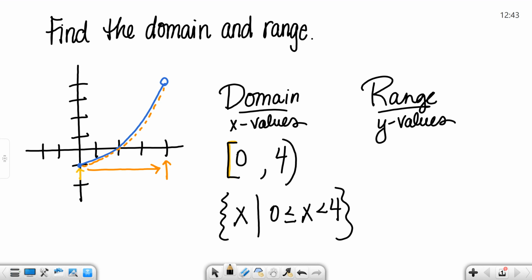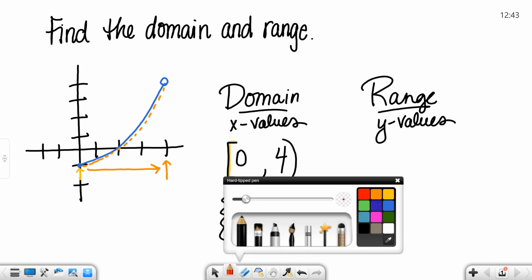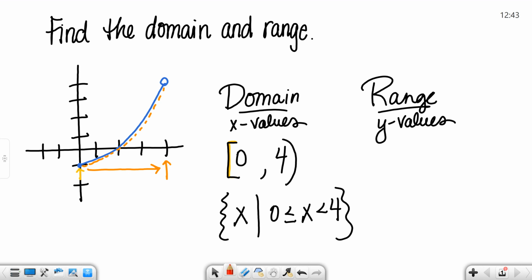Our range. So again, we think about range as y values, which is up and down. I want to look at where is the bottom of the blue curve. Well, the bottom of the blue curve is that same point. What is the y value right there? The y value right there is -1, and it is equal to -1, so I put a bracket.